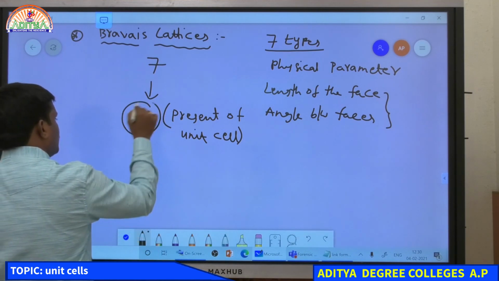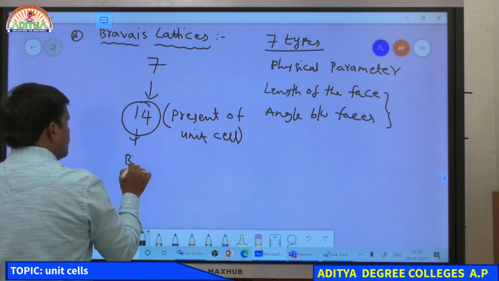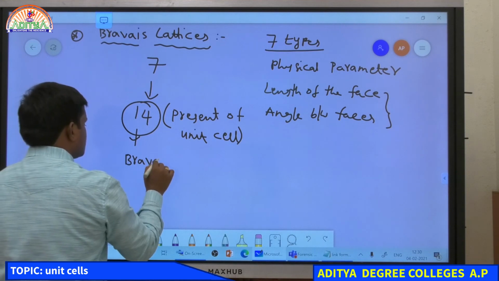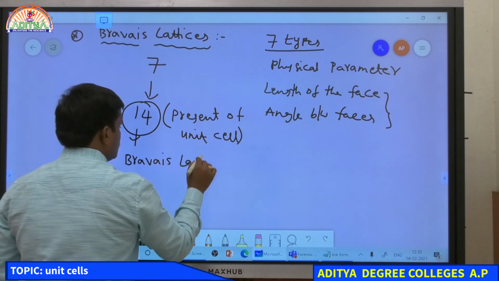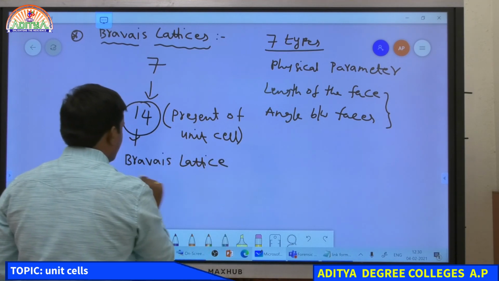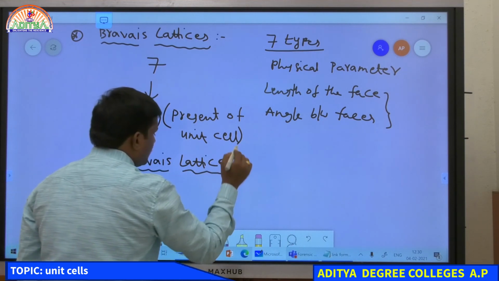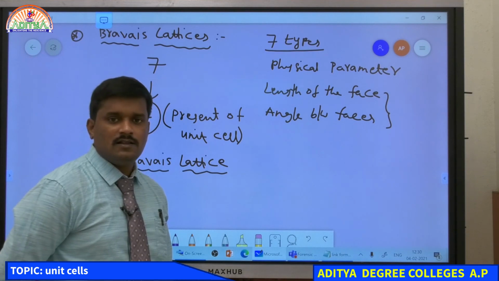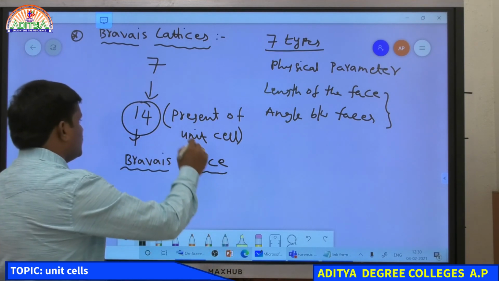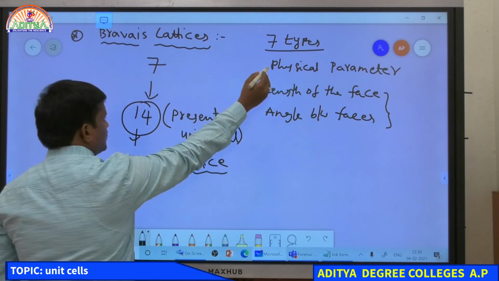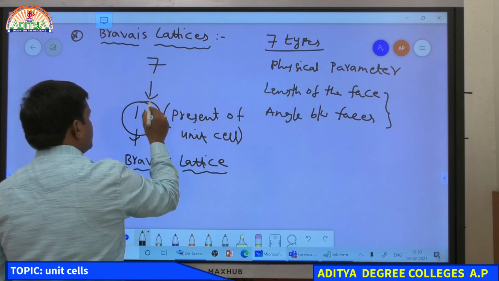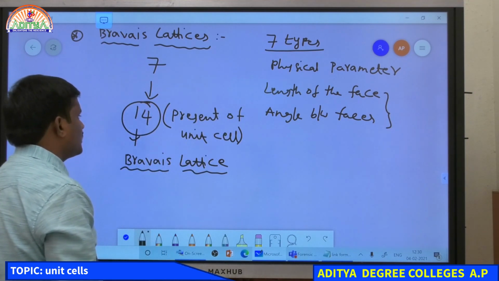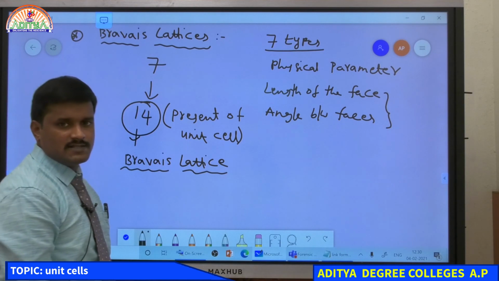So, these 14 are nothing but Bravais lattices, the types of crystals based on the presence of unit cell. Here there are totally 7 types of crystals, which are further classified into 14. So, these 14 are nothing but Bravais lattices.